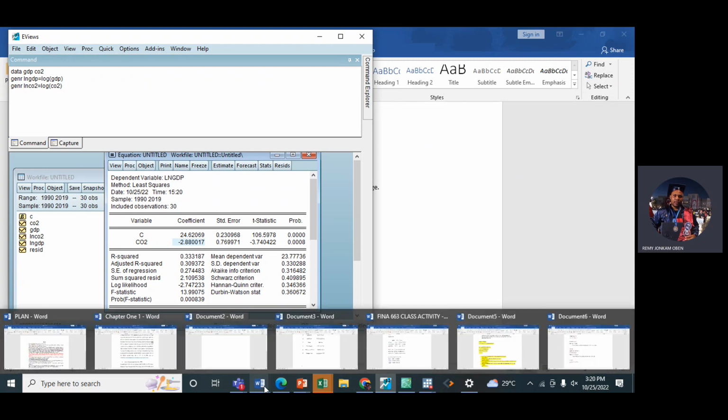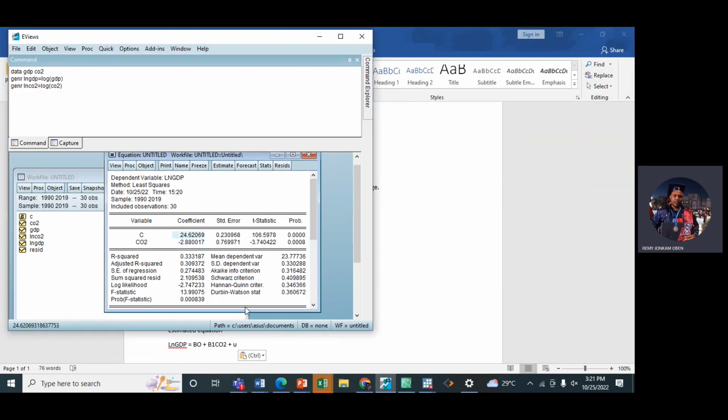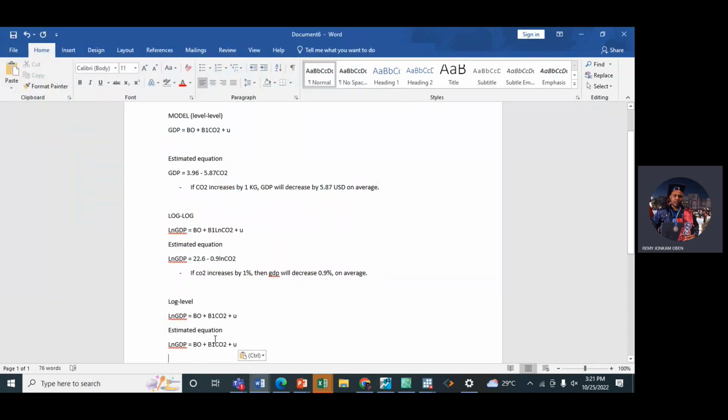So if I'm to write the estimated equation, it will be this same equation, copy. So the constant is 24.6. So this constant should be 24.6.